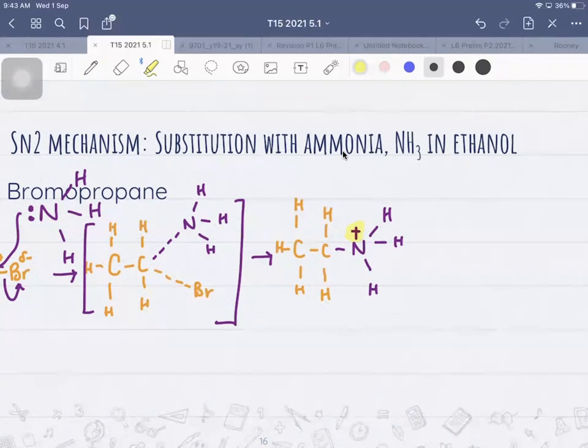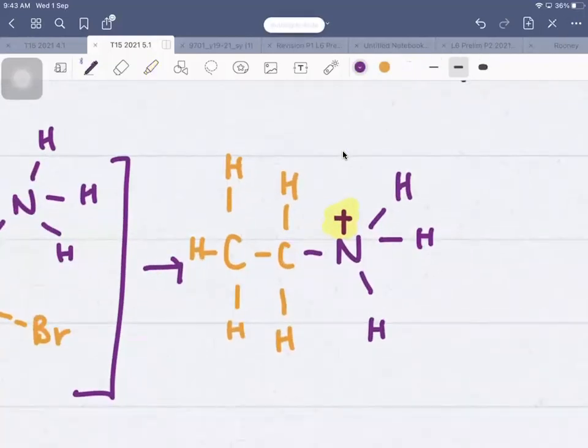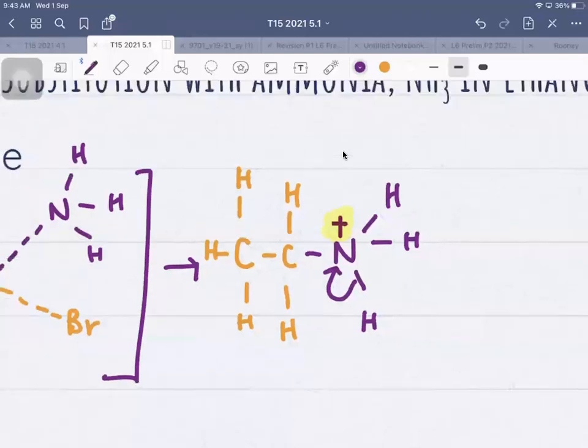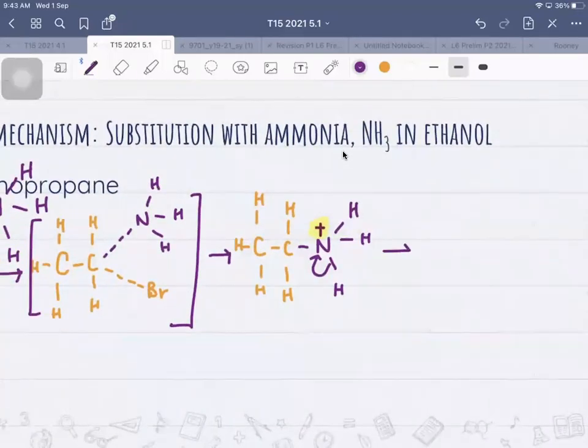Well, it can form 4 bonds, but not in its neutral state. Okay, so what happens next? You don't want to end up with a product with a positive charge. One of the nitrogen-hydrogen bonds breaks. Both the electrons go to the nitrogen to form what we call an ethanamine.